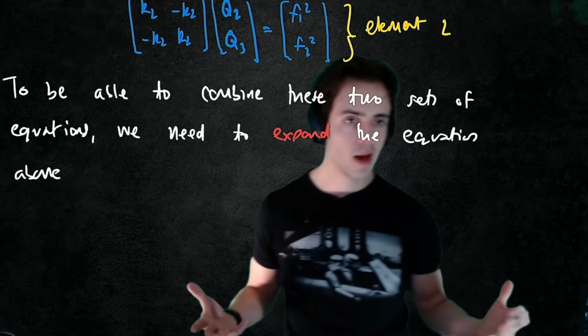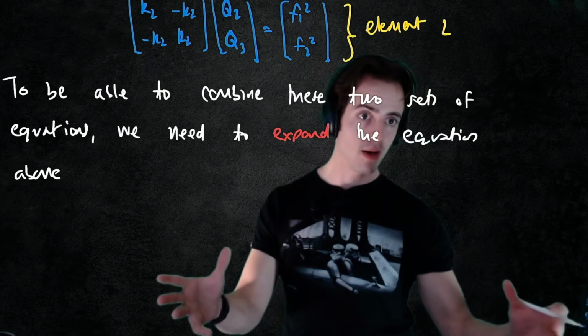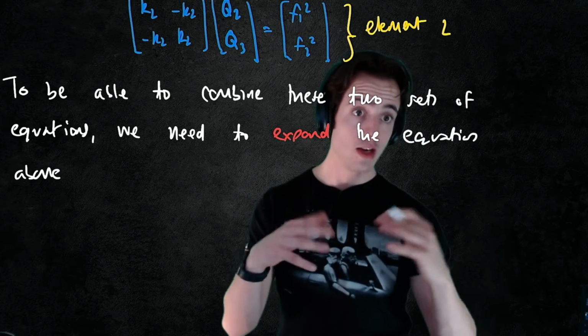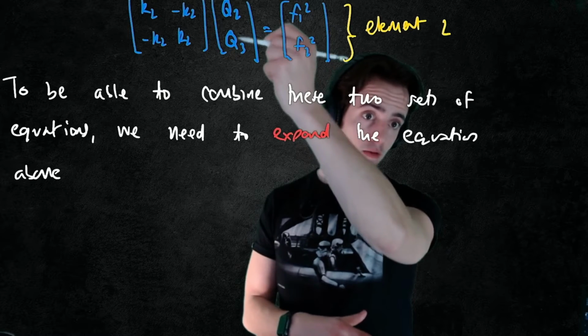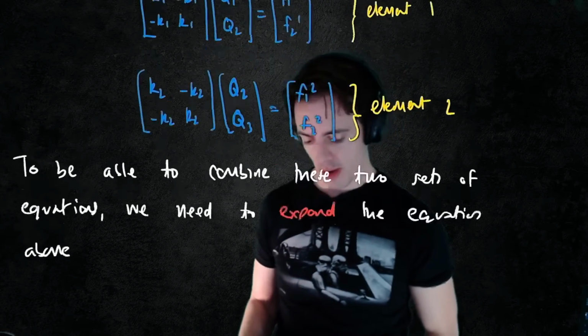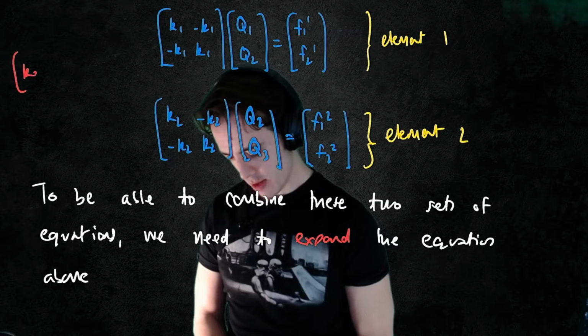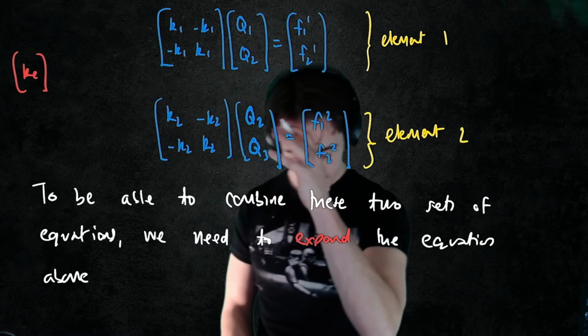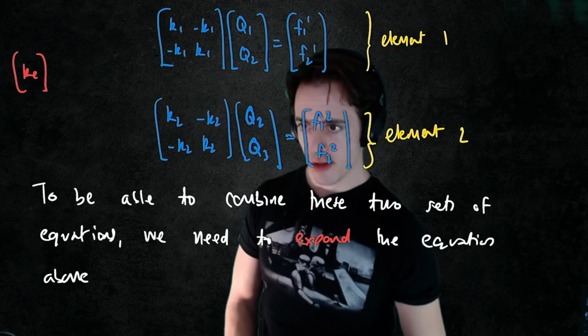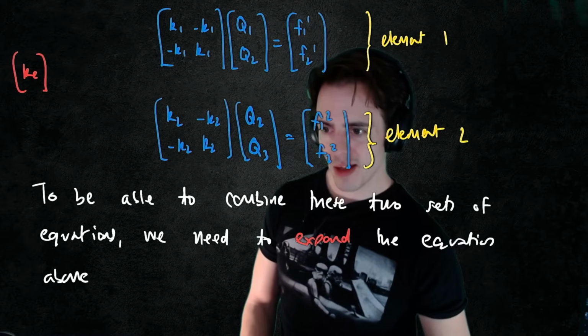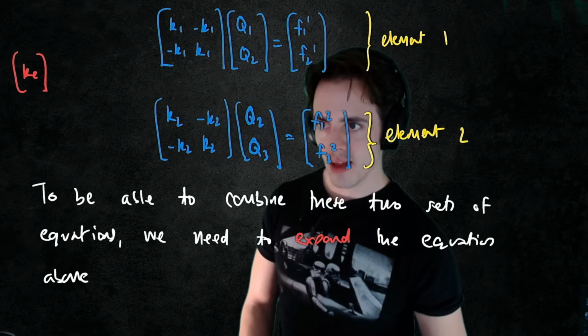And I don't mean expand in the sense of mathematically expanding a set of brackets. I mean we literally need to make a vector of 2 by 1 into a vector of 3 by 1. And on this side, this is still our local stiffness matrix. Let's just check I'm using the same nomenclature as my notes here. Yeah, I am, that's good.